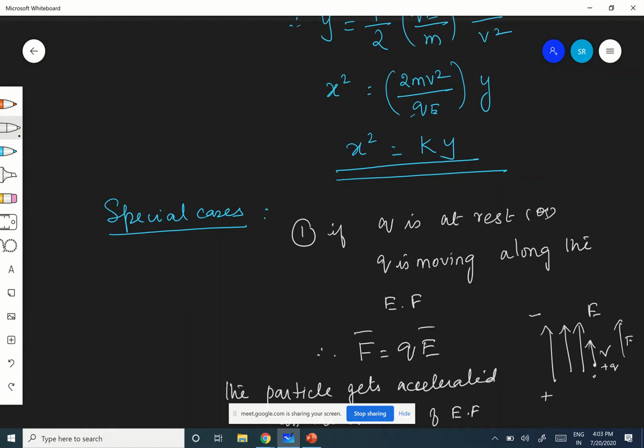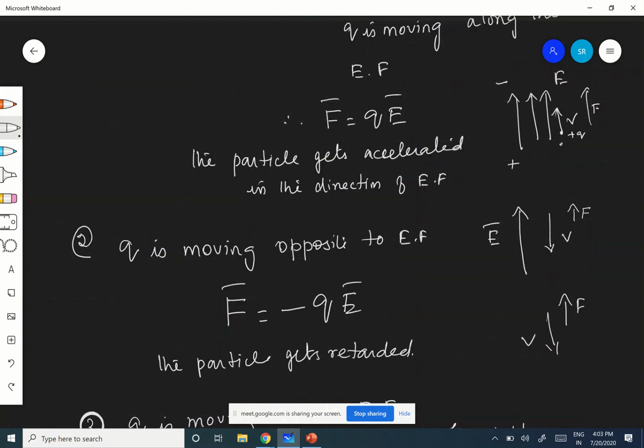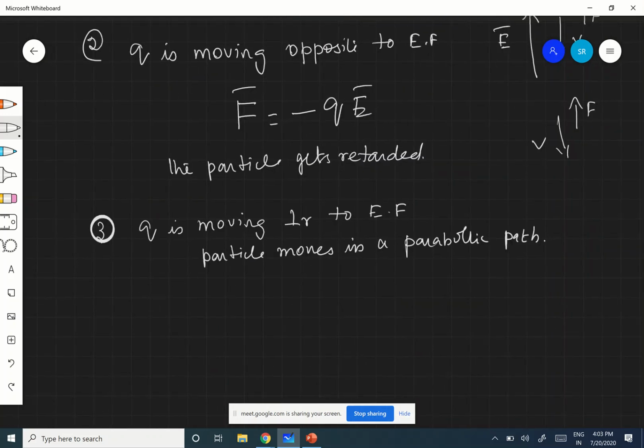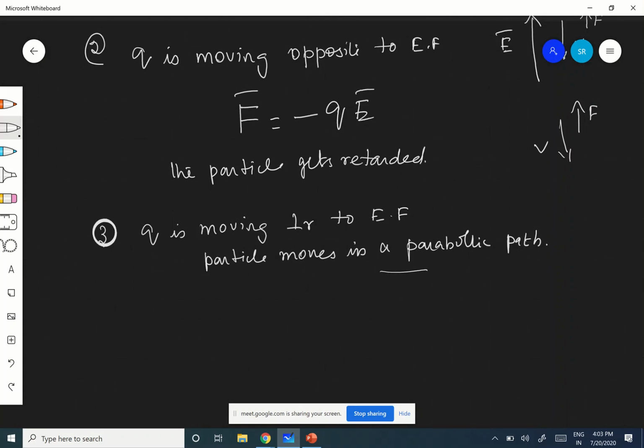Here it is very important: when it is moving perpendicular, the speed of the particle in the horizontal direction will not change. The velocity and direction will change only in the direction of the applied electric field, because it is experiencing a force only in that direction.